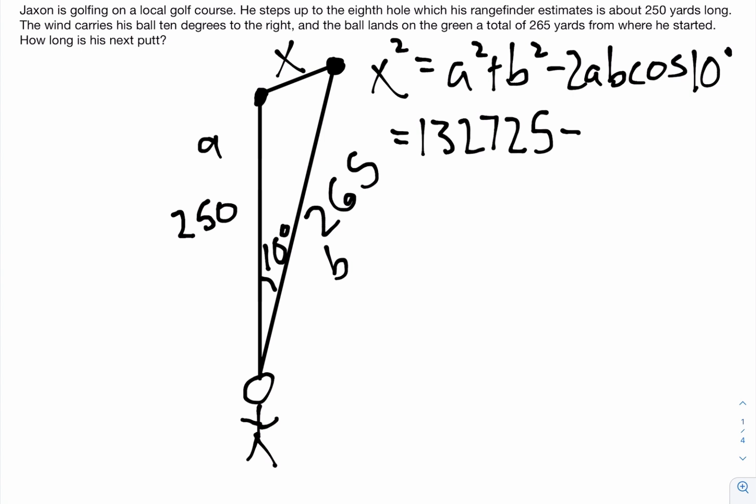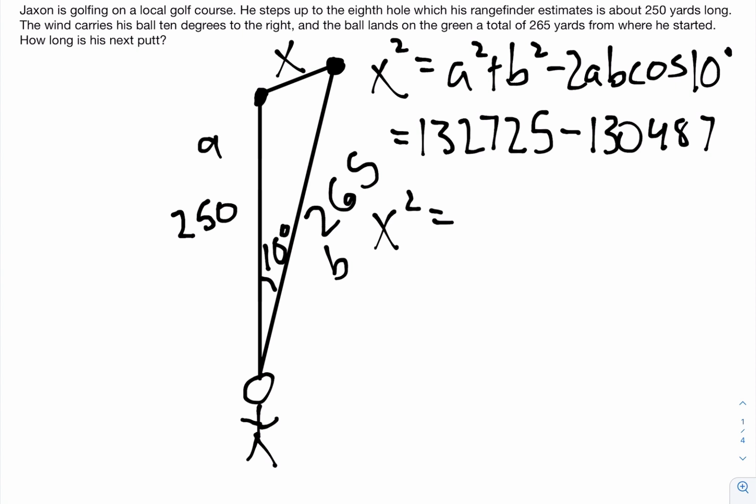That is going to be approximately 130,000. The actual exact amount is 130,487. So x squared is going to be the difference between those two numbers. Let me just calculate it here. 132,725 minus what we just had.